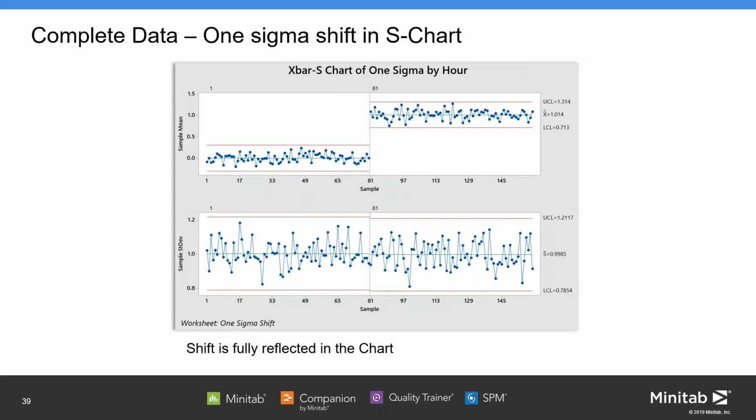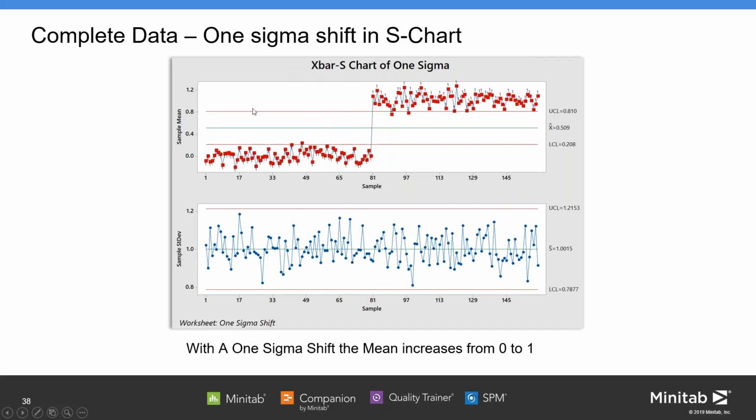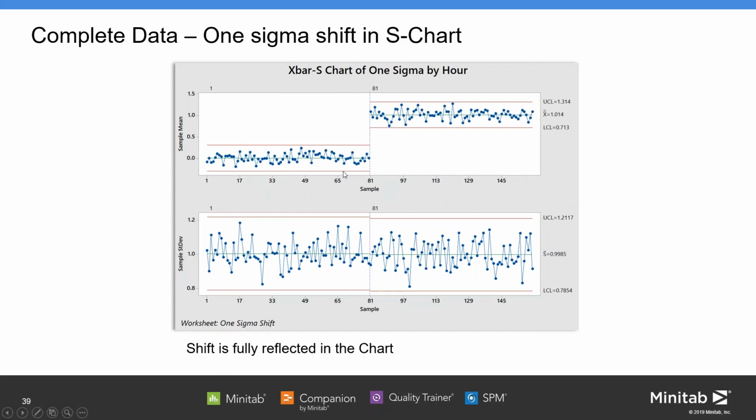So what happens? In this chart, apologies, let me just swap back for a moment. In this chart, you can see the control limits have been calculated on the whole time period. To make this a little bit easier to interpret, in the next chart, I've changed the control limits such that we have one set of control limits for the early part of the data and one set of control limits for the second part of the data.